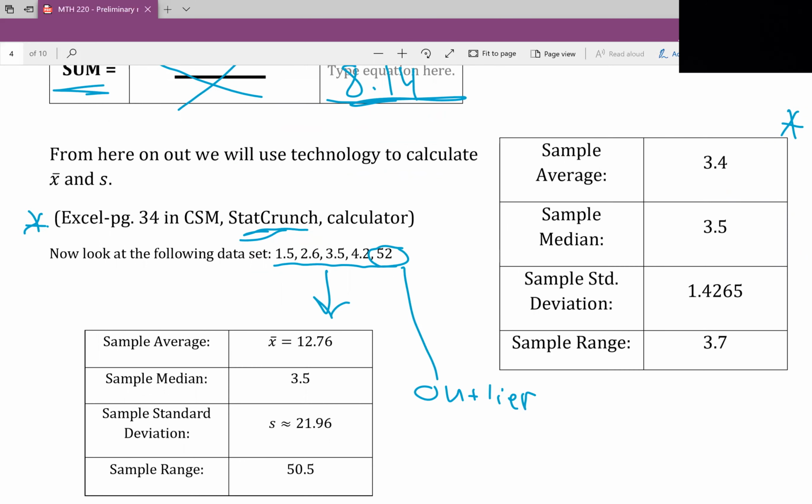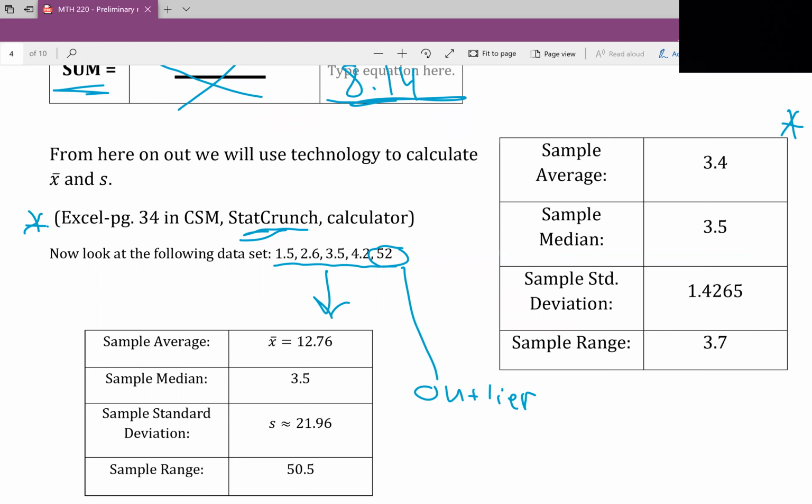And an outlier is going to be any number that is much bigger or much smaller than the rest of the numbers in the data set. So if you look at the previous numbers, 1.5, 2.6, 3.5, 4.2, those are all low numbers, lower than 10. And then you have 52, much bigger. So 52 would be considered an outlier here.